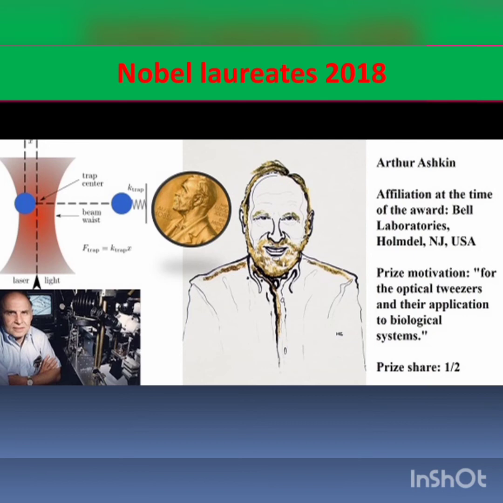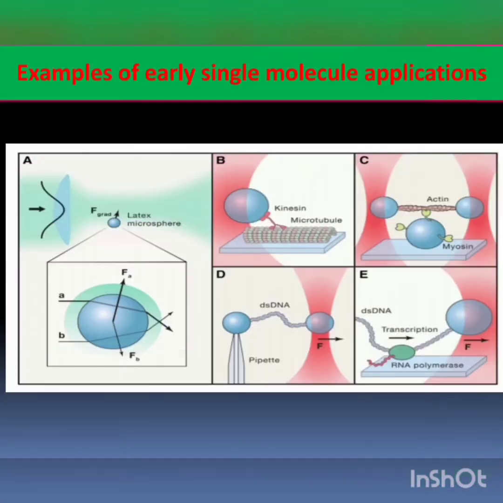Some examples of early single molecule applications. In his initial experiment, Ashkin observed something unexpected from optical forces. Latex microspheres near a weakly focused laser beam were drawn from the periphery of the beam toward the beam's central axis.